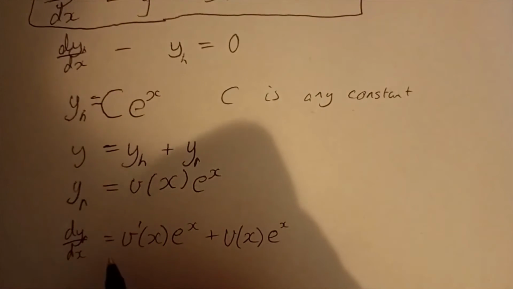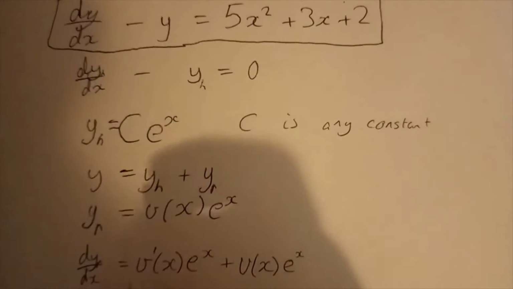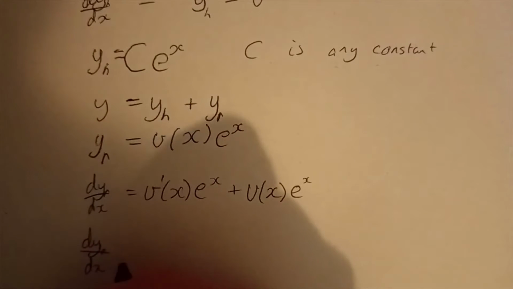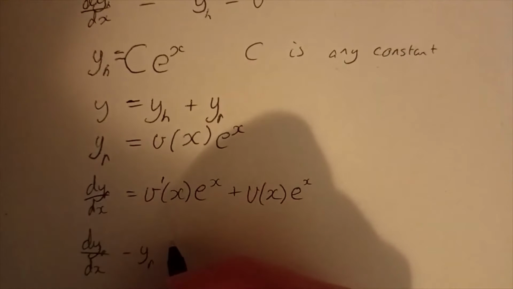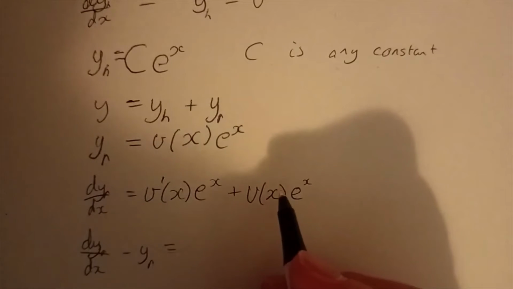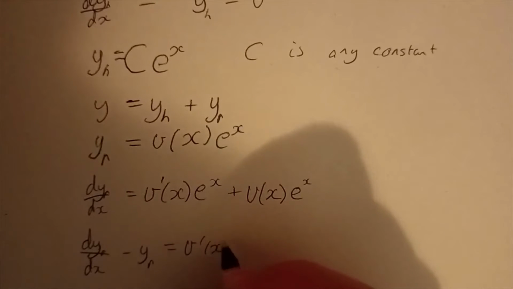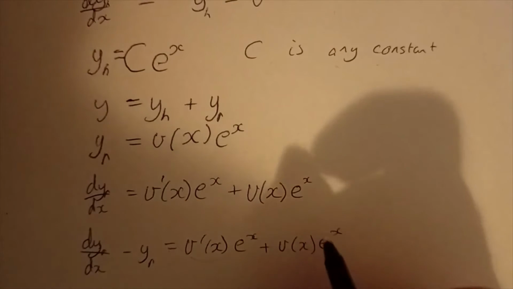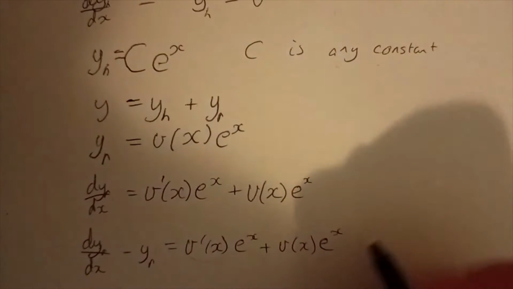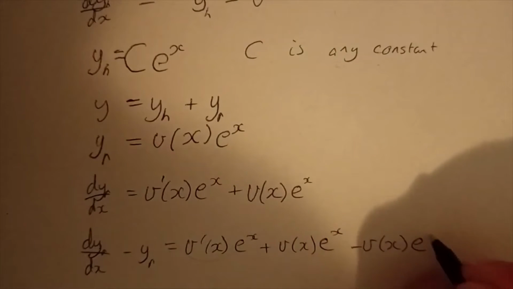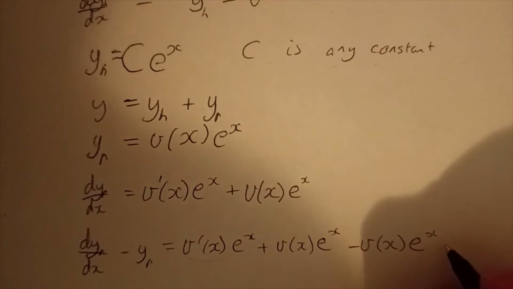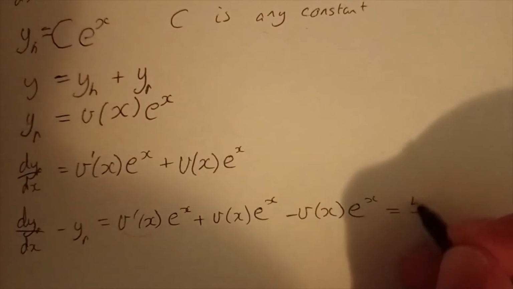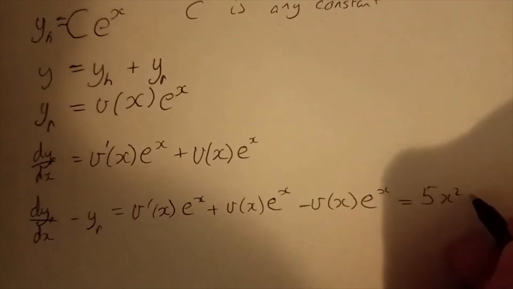Okay, so substituting that back in, we get dyp/dx, which is v dash of x e to the x plus v of x e to the x, minus yp, which is v of x times e to the x, which according to our differential equation is equal to 5x squared plus 3x plus 2.